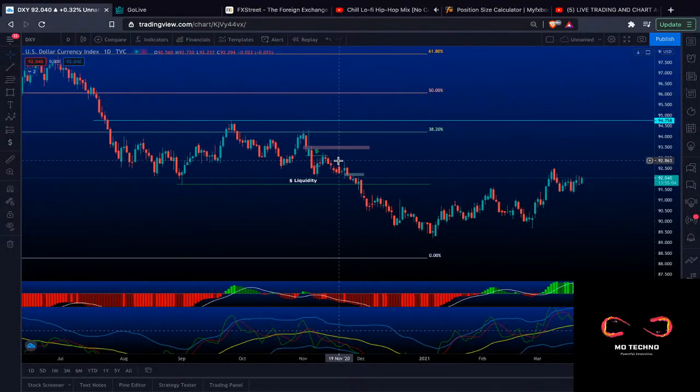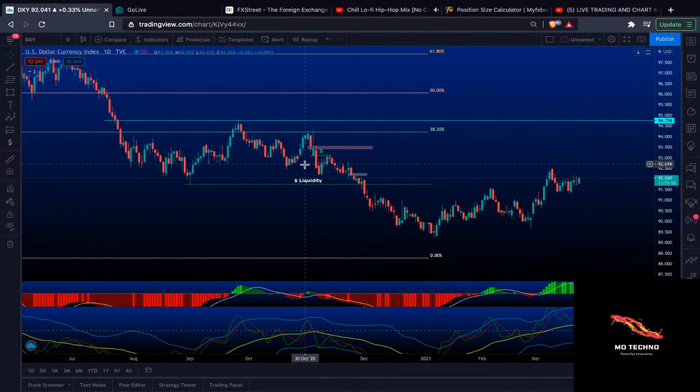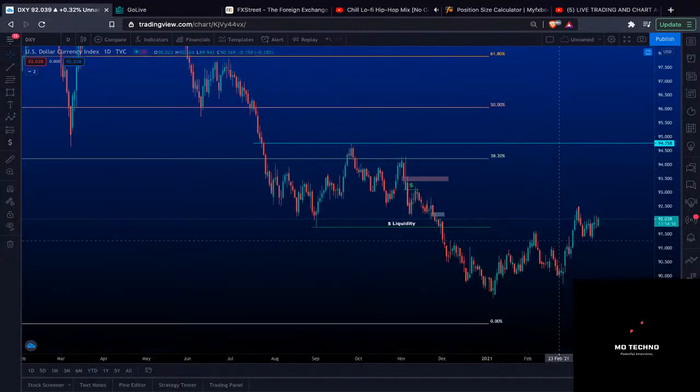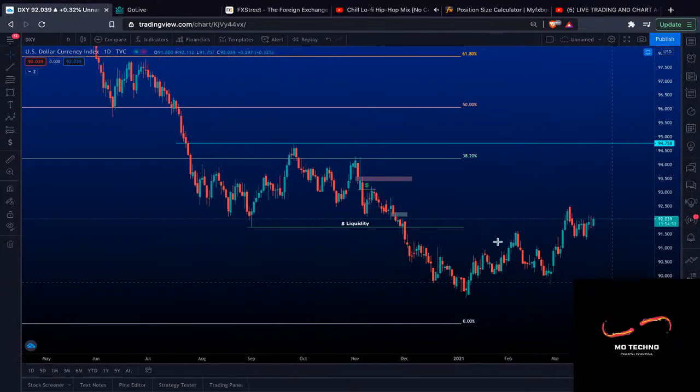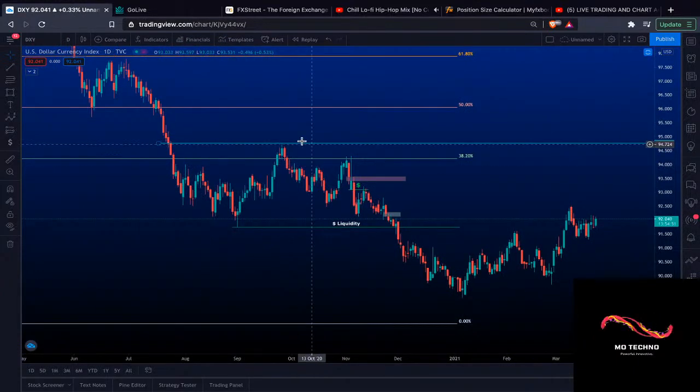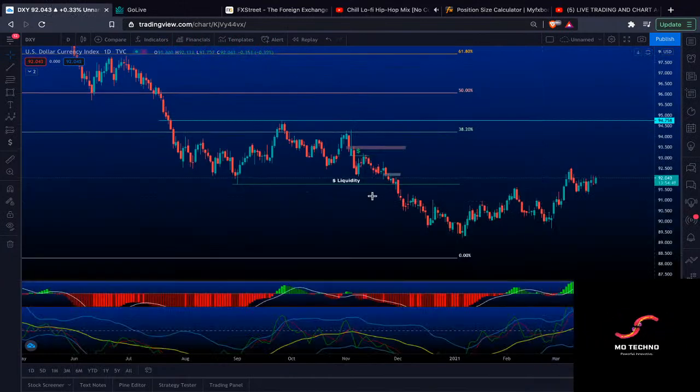So on the daily, let's see what we've got. It's interesting. On the daily, we still have the same kind of structure: a low, high, lower low, lower high. If I use the MACD once more, it will help me identify my structure points. This was a high that led to this low.